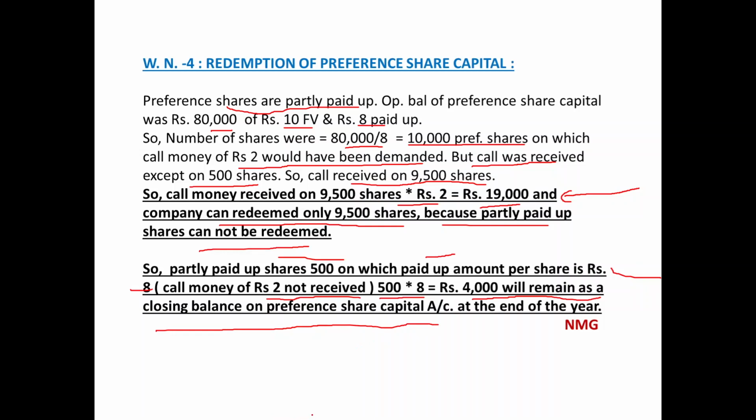Closing balance of the current year is appearing 4,000. It is for these 500 shares on which rupees 8 paid up, because they didn't make the payment of call money of rupees 2. So 500 shares into 8, 4,000 is appearing as a closing balance for preference share capital account. This 4,000 belongs to these 500 shares. We will verify it in our preference share capital account also.